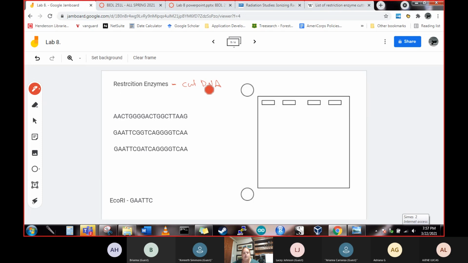Bacteria use them to protect themselves or to attack each other. They can cut their rivals' DNA sequences, or they can cut up DNA in the environment and bring it into the cell, like we were just learning about last week as transformation.